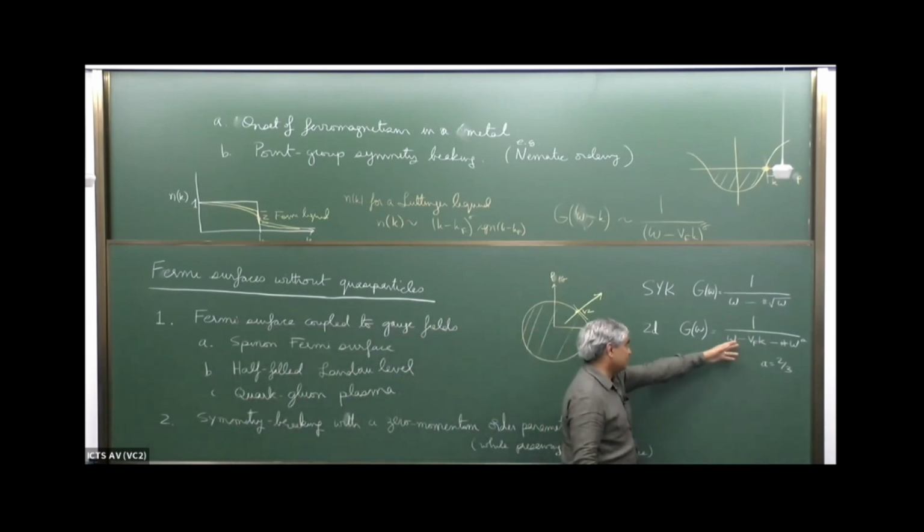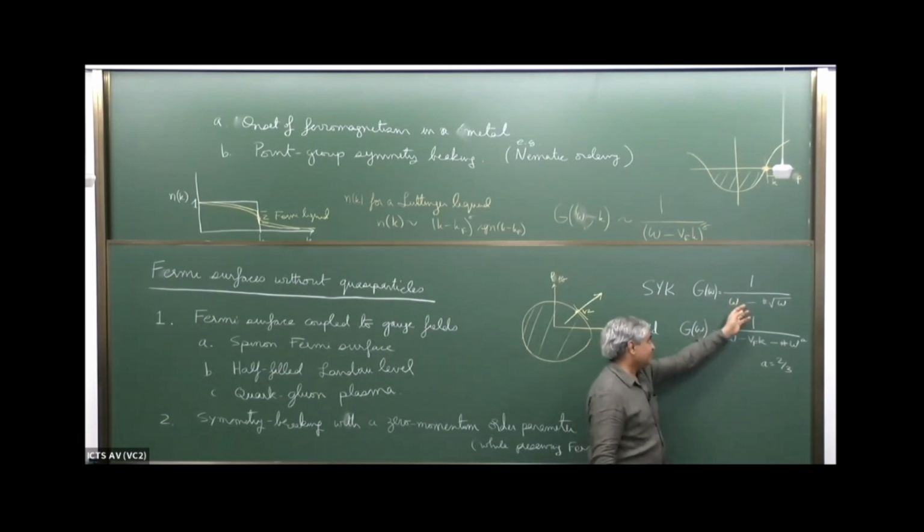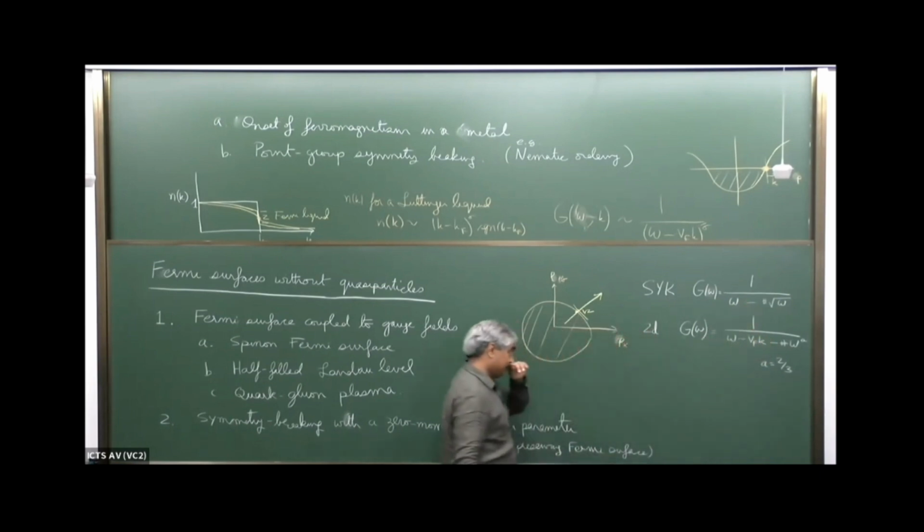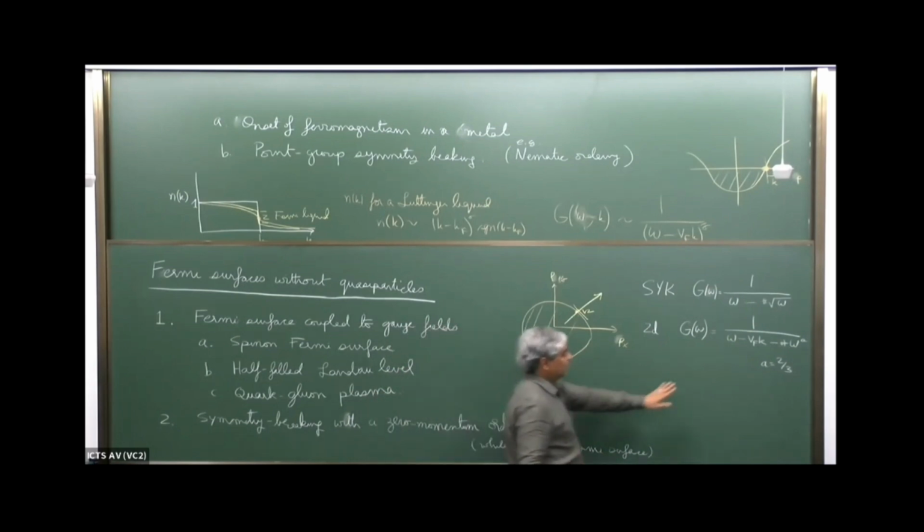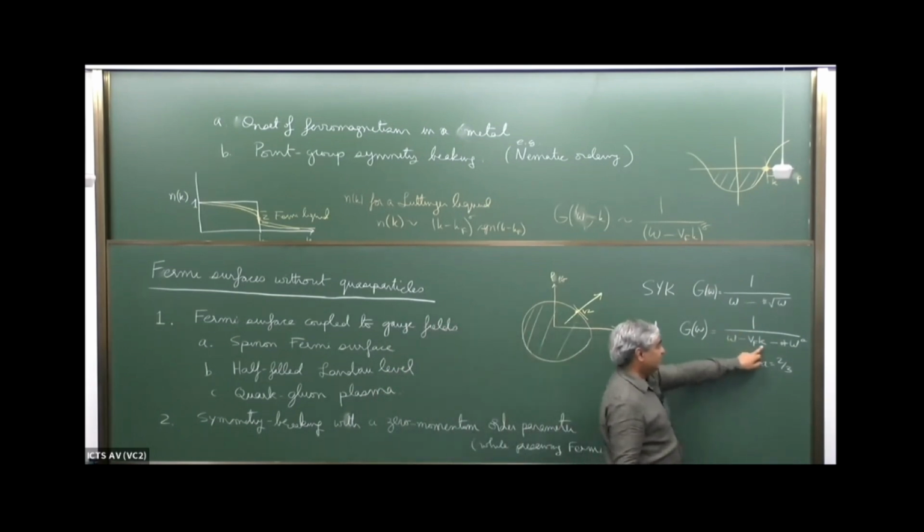So all you want to do is take the SYK-like Green's function and add a little K dependence to the local chemical potential, if you wish. There's a shift in the chemical potential, which is this omega minus v_F k. So you can throw this omega out, but since this is the only K dependence, you can't throw the K out.